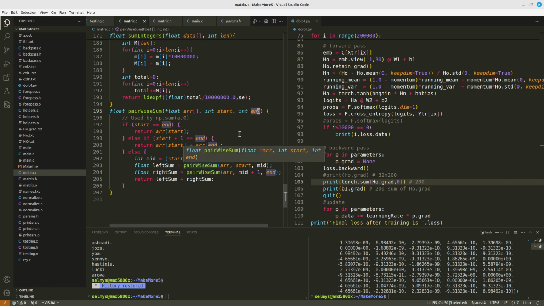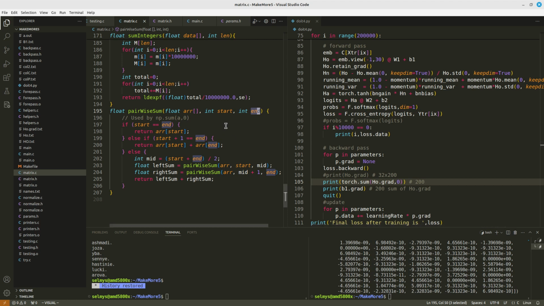And so when I take this array here, HO.grad, which is 32 by 200, if I put it through NumPy summation, it also gives me a different answer. It doesn't give me the same answer.